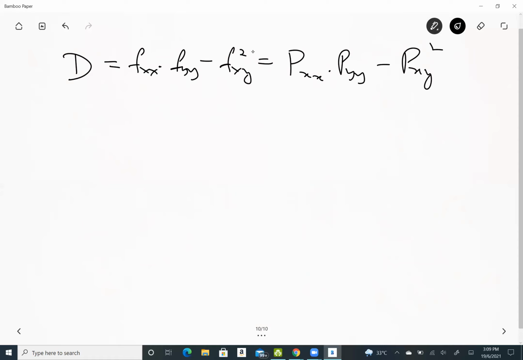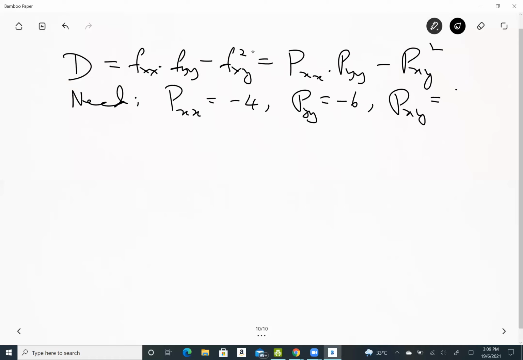So what you need now is the second partial derivative. So Pxx equal to what? Pxx is equal to -4, Pyy equal to -6, Pxy equal to 1.